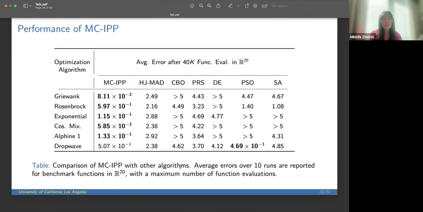And for MC-IPP, it suffers from high variance, but it also has the benefit that it's very easy to implement, and it doesn't converge as accurately as TT-IPP, but still you can see it's comparable and in many cases outperforms other existing global optimization methods.